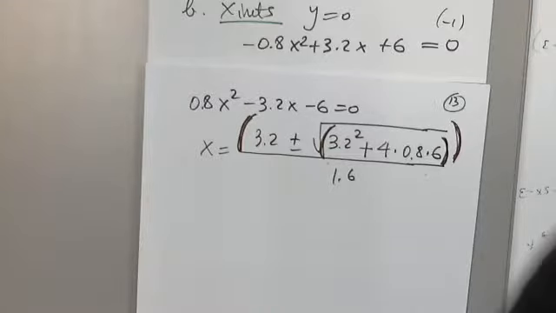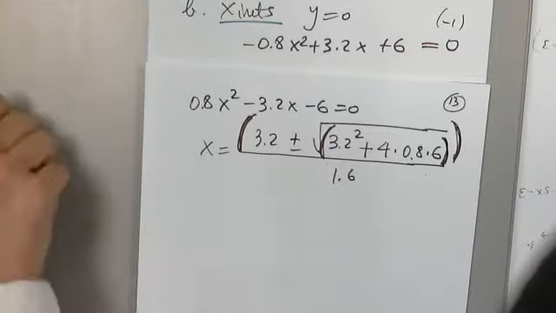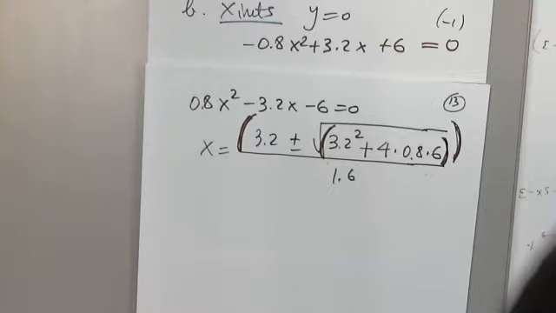5.39. Now, if I want to determine the other one, which I expect it to be negative, I override the plus. And it's negative. So what I need is 5.39.